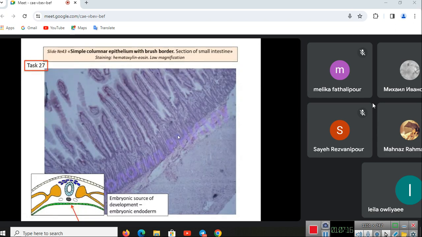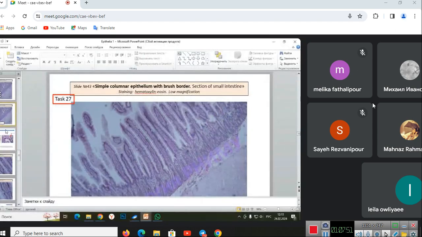And while the cells mature and become specialized, they move along basement membrane towards the top of villus, and then they age and die, and aged dead cells are shed away from the top of each villus, and they are constantly replaced by newly produced cells, moving along basement membrane from the crypts. Embryonic source of development for this epithelium is endoderm, location inside intestine, function, you know.